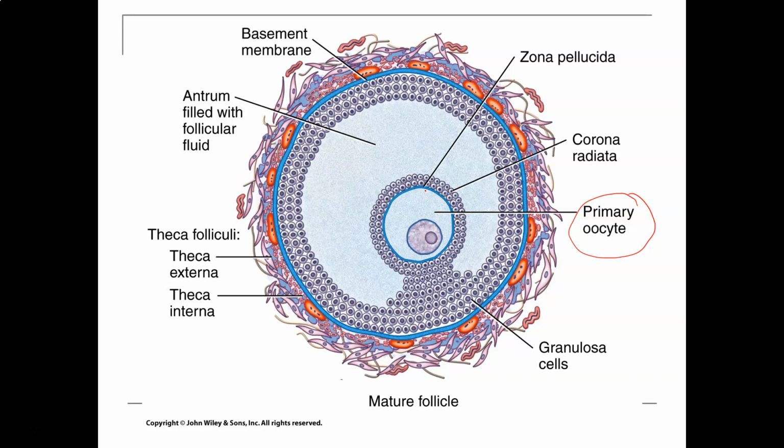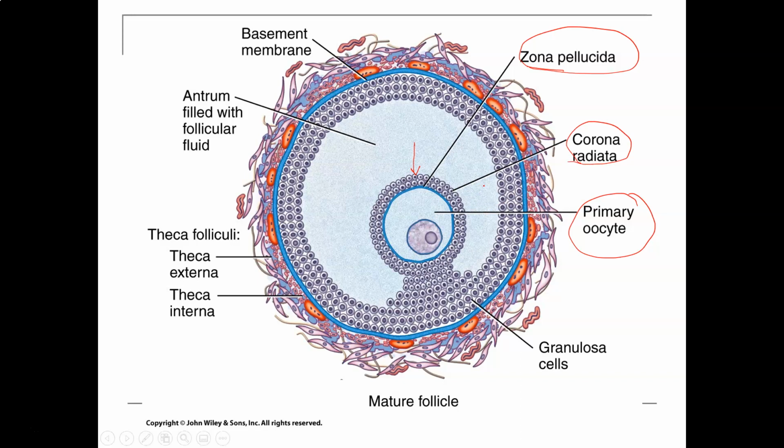Around the egg that's going to go with it when it is ovulated is an acellular layer called the zona pellucida. Pellucida means clear zone. So that's that blue line going around the egg. And then we have some granulosa cells going around the egg cell, and that's called the corona radiata, the radiating crown.